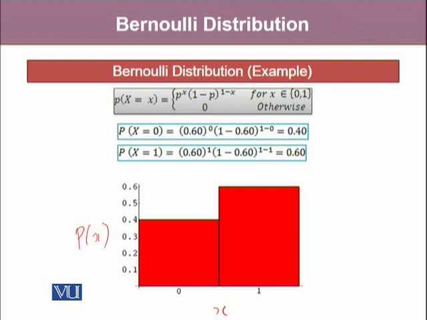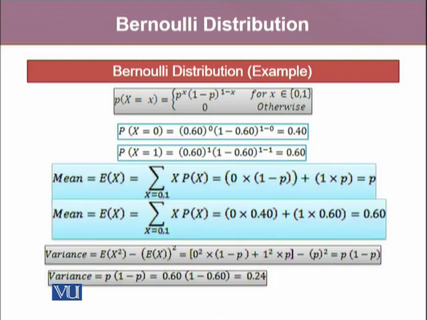Q is the probability of failure. Bernoulli distribution has other characteristics. One of them is the mean, and the other one is the variance. Mean is also known as the expected value, which is obtained by the sum over the values of X multiplied by their respective probabilities.